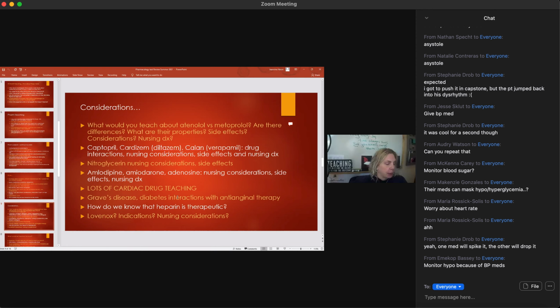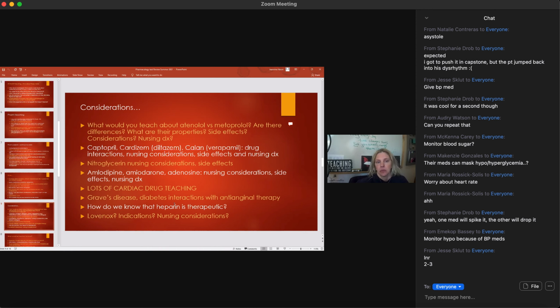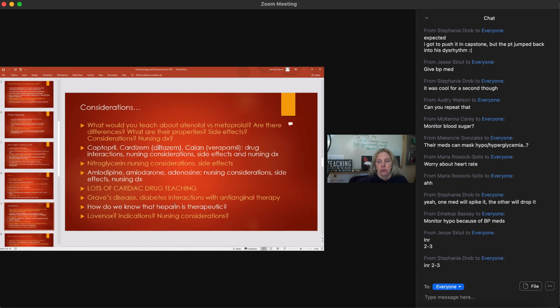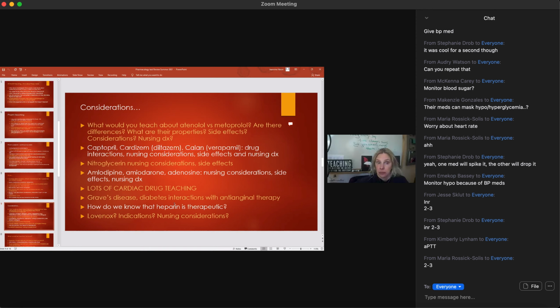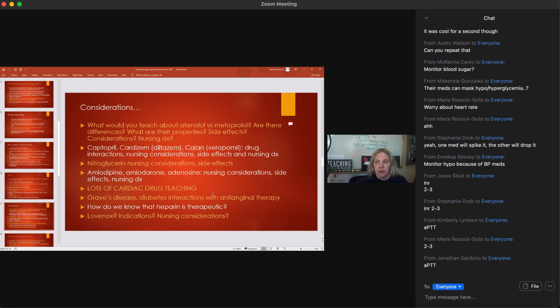How do we know heparin is therapeutic? We have to know the labs. Some of you guys jumped ahead of the labs on the other test. Do not do things until you know if your patient's dying, please. Go to the labs first.